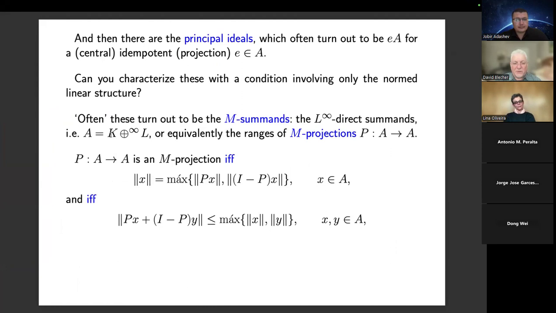These are the summands such that you can write the whole space as K L infinity sum L, or equivalently the ranges of the M projections on A, where the definition of the M projection is that the norm of x is the maximum of the norm of Px and the norm of (I minus P)x, which turns out to be equivalent to this condition at the bottom of the slide. So again, purely a condition involving the normed linear structure.